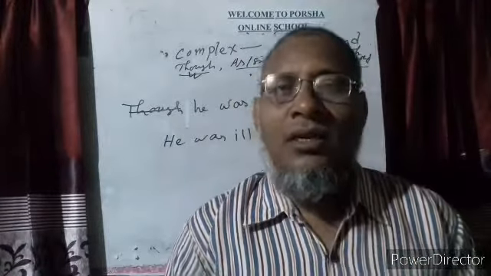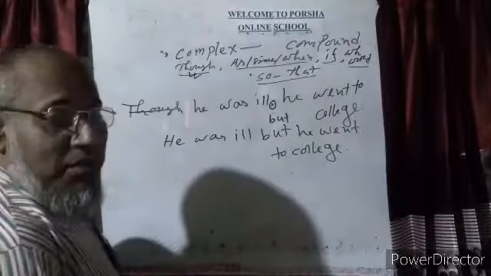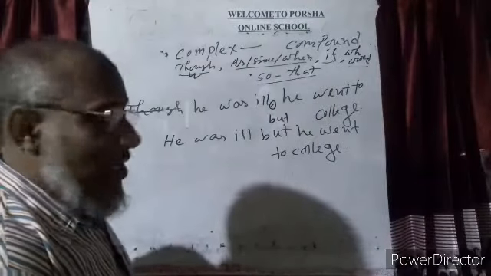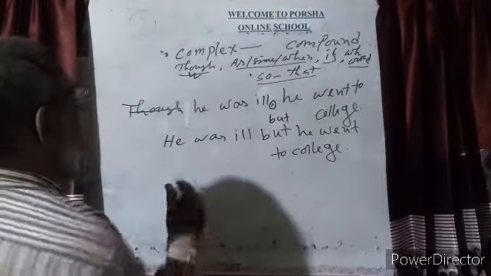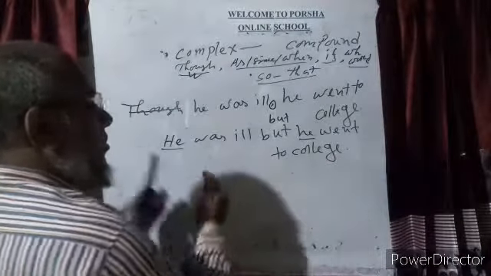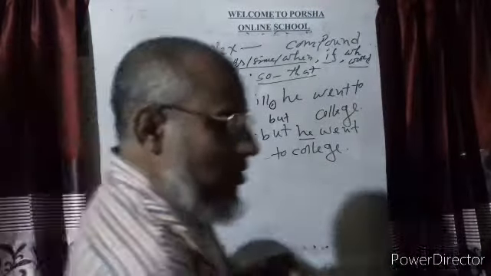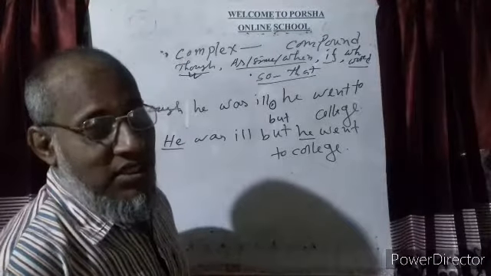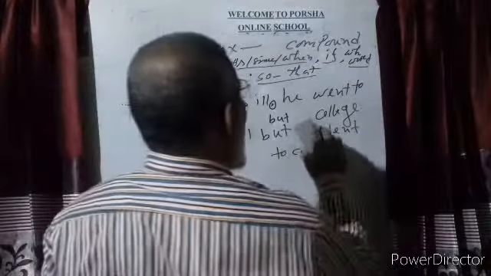Now check in the sentence if there is a similar subject and similar verb in both parts. Here he and here he. So for this compound sentence, the subject is similar, so the second subject will be omitted. So here will be omitted.